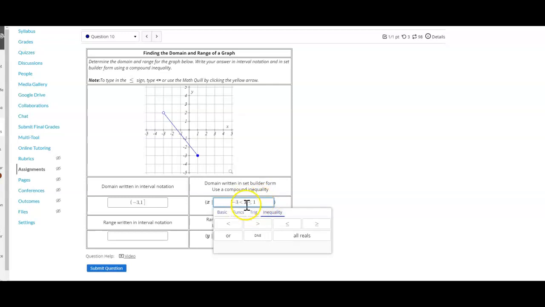So if that helps you think about it, you'll probably be using these less than or equal to signs, depending on whether it has a filled-in circle, where we have to have the equal to part, or an open circle, where we have to have it without the equal part. What questions can I answer in that first part on the domain?